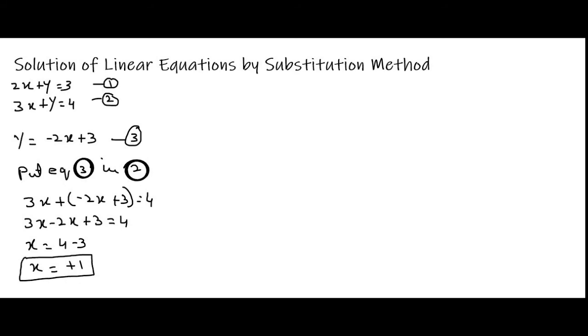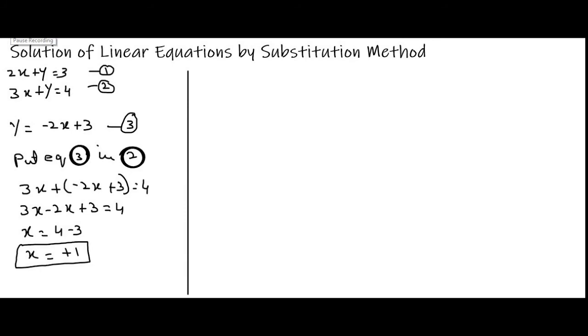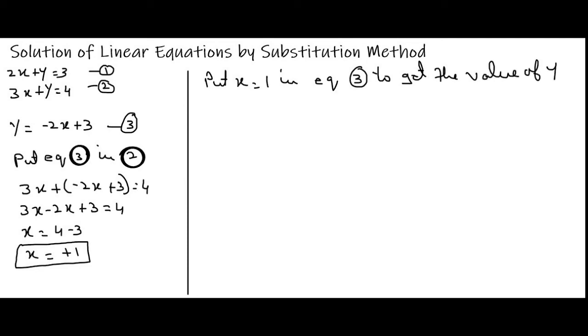Now put this value of x in equation number 3 and we will get the value of y. Put x is equal to 1 in equation 3 to get the value of y.